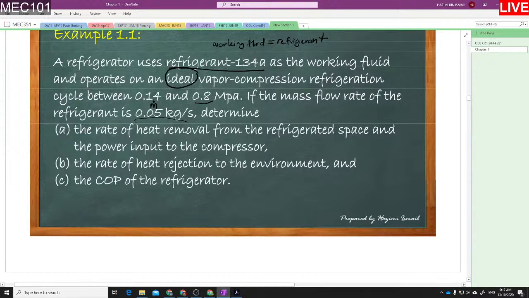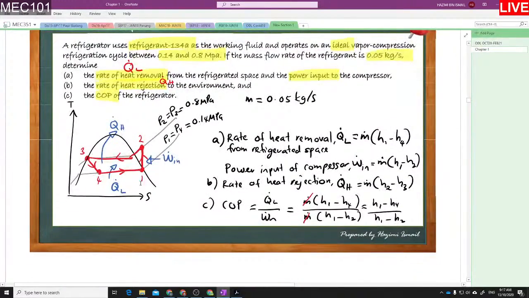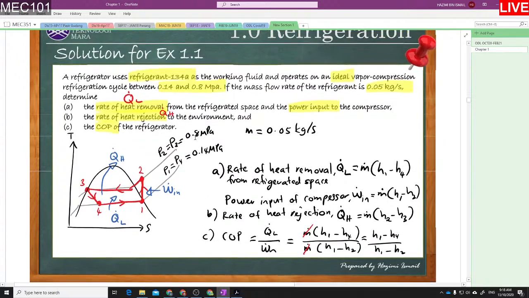This is P. But which P? P1, P2, P3, P4. That is why I wanted you to draw the TS diagram. So you put the states here first, state 1, state 2, state 3, state 4. The highest ones at the top are state 2 and state 3. So pressure 2 and pressure 3 are 0.8.